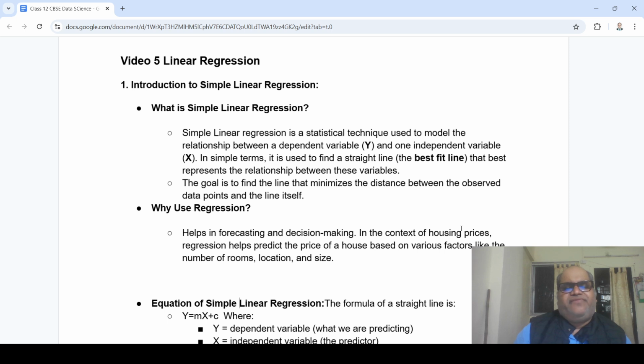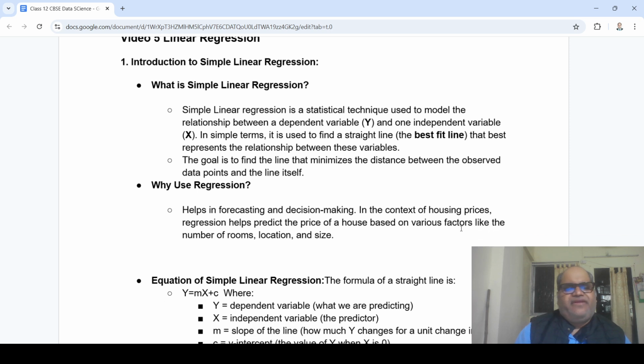For example, if it was changing as a square, or a square root, or a logarithm of your independent variable, the relationship wouldn't have been linear. So the basic assumption for simple linear regression is that the outcome you want to predict and the independent variable are linearly related in some way, right?